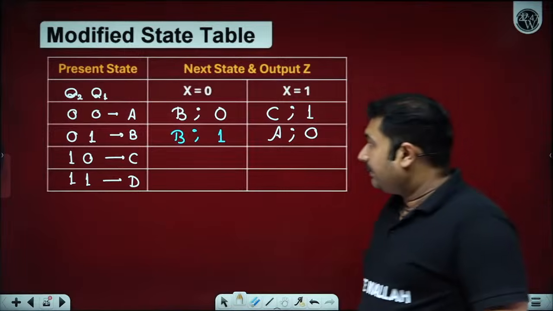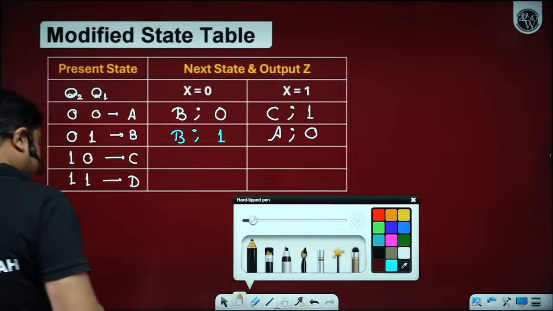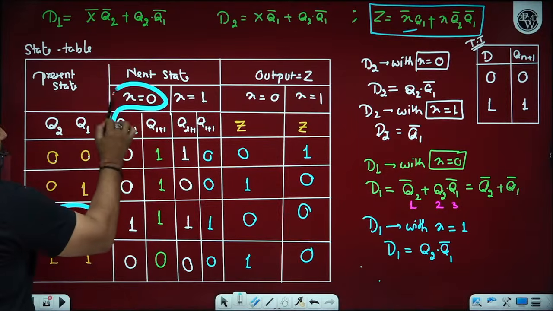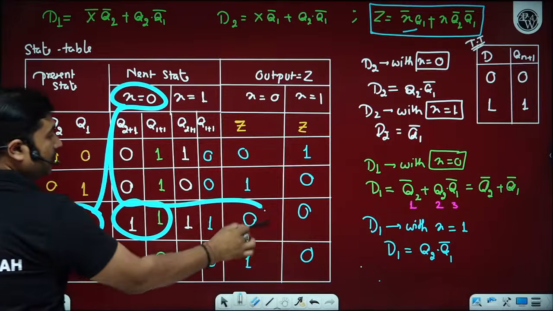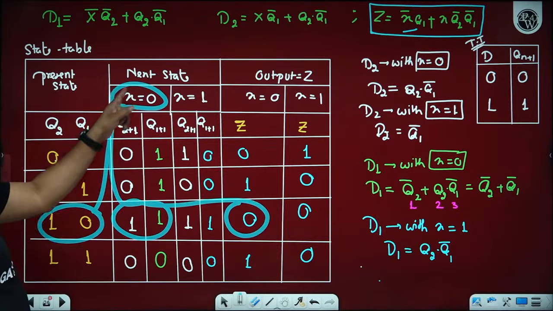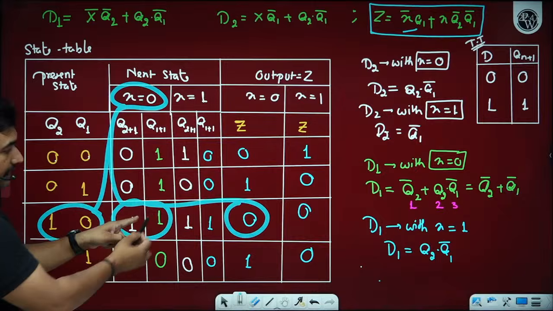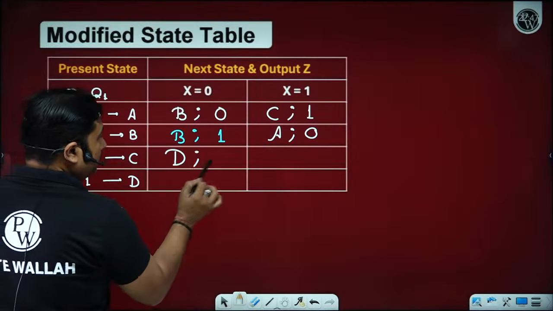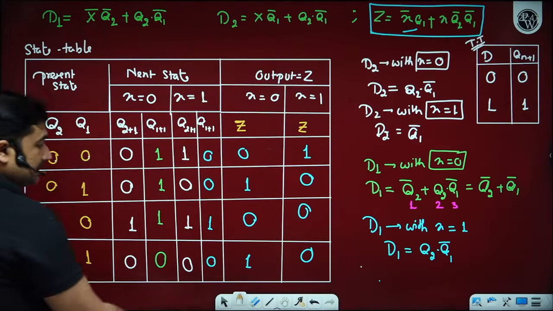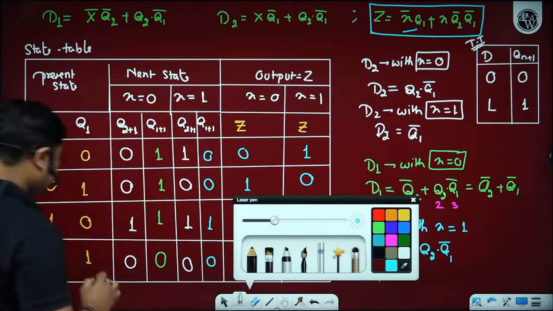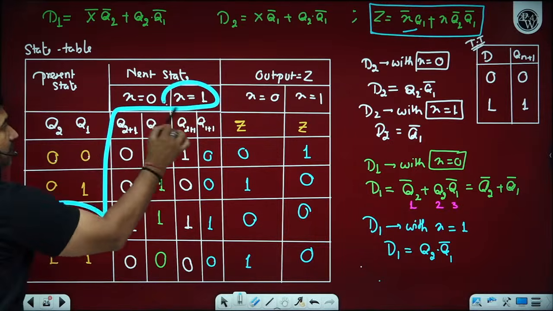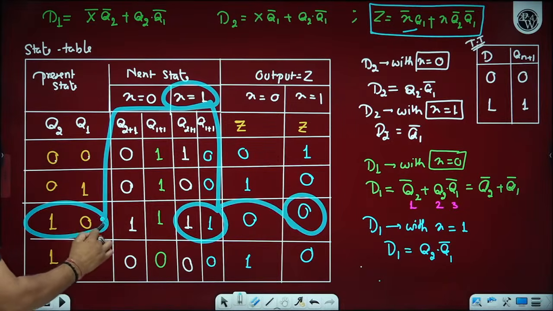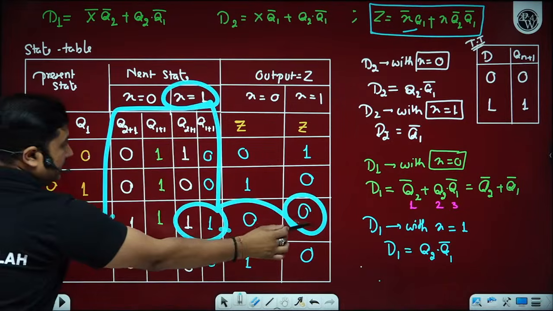Great. Present state C with x is equals to 0, next state D, output 0. Present state C with x is equals to 1, next state D, output 0.